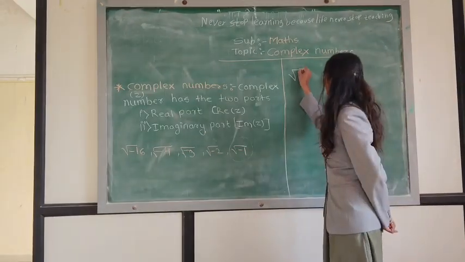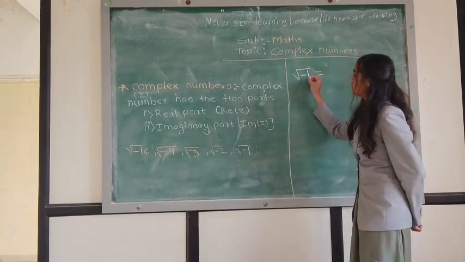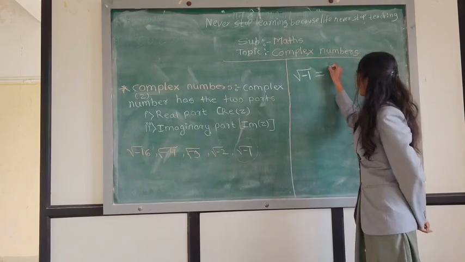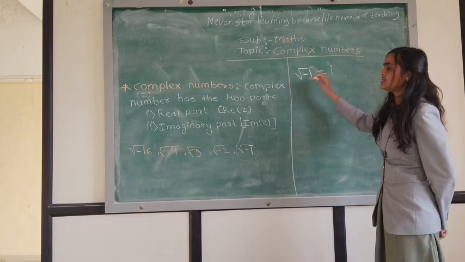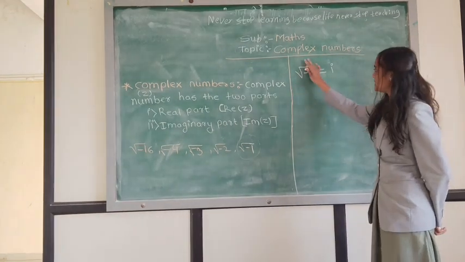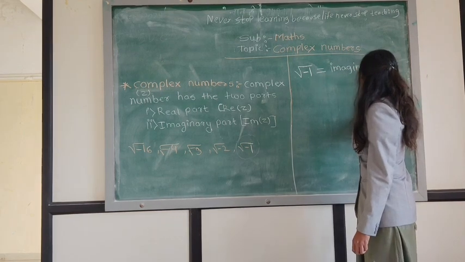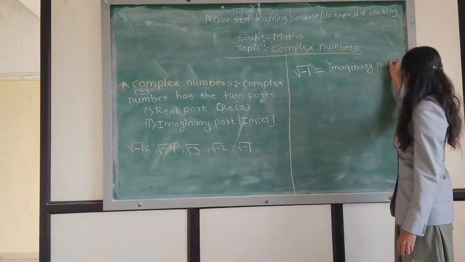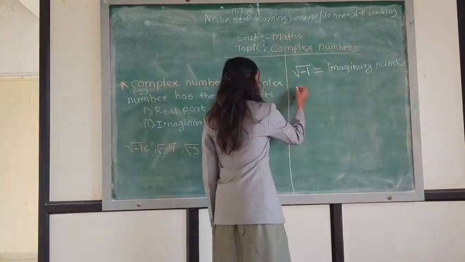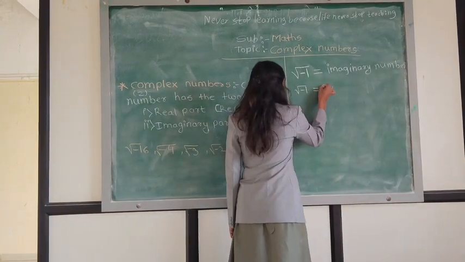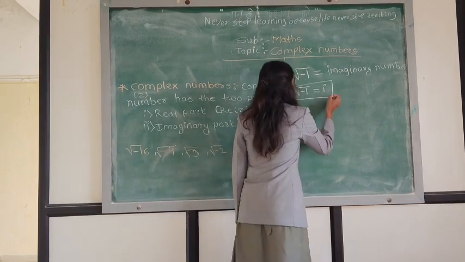We can't find the square root of minus 1, so we will denote it as i. i is nothing but the imaginary number. That's why we call this number an imaginary number. So under root minus 1 is equal to i.